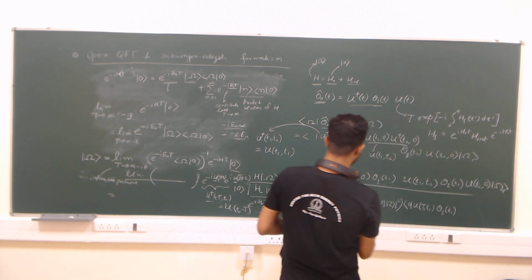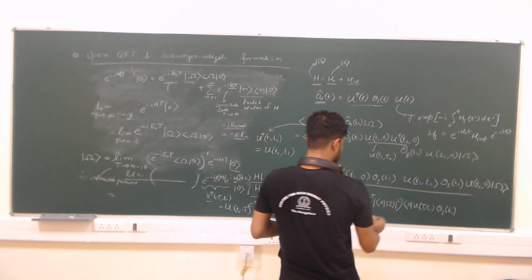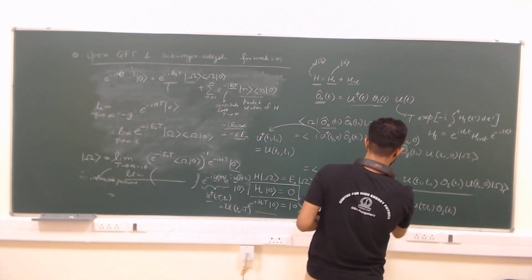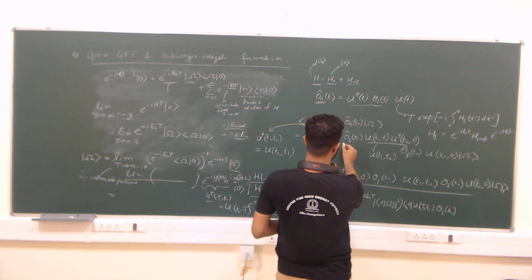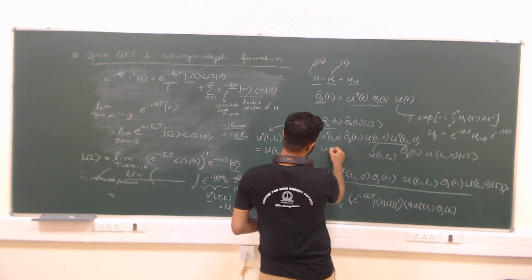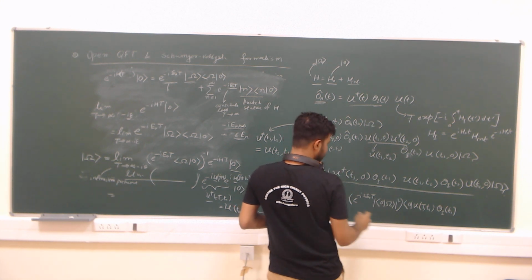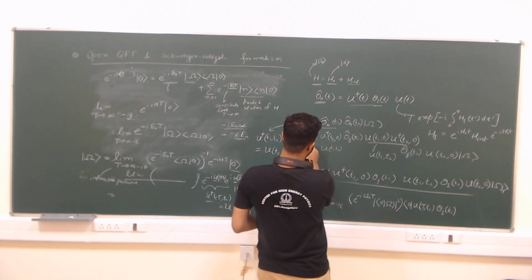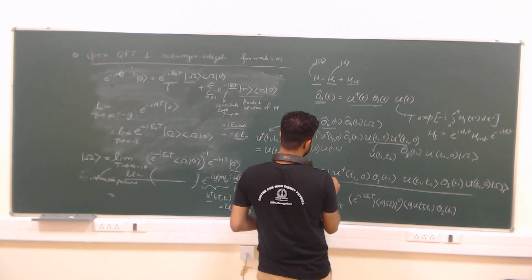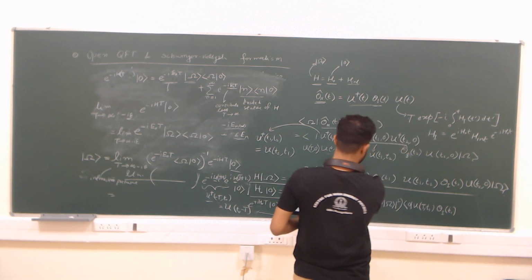Here basically what I will get is, from this expression I will get a u(t, 0) here, and then the next expression I have is u dagger (t1, 0), which we can write as u(0, t1). So multiplying this with the earlier thing, which will give us this, we will get this thing.